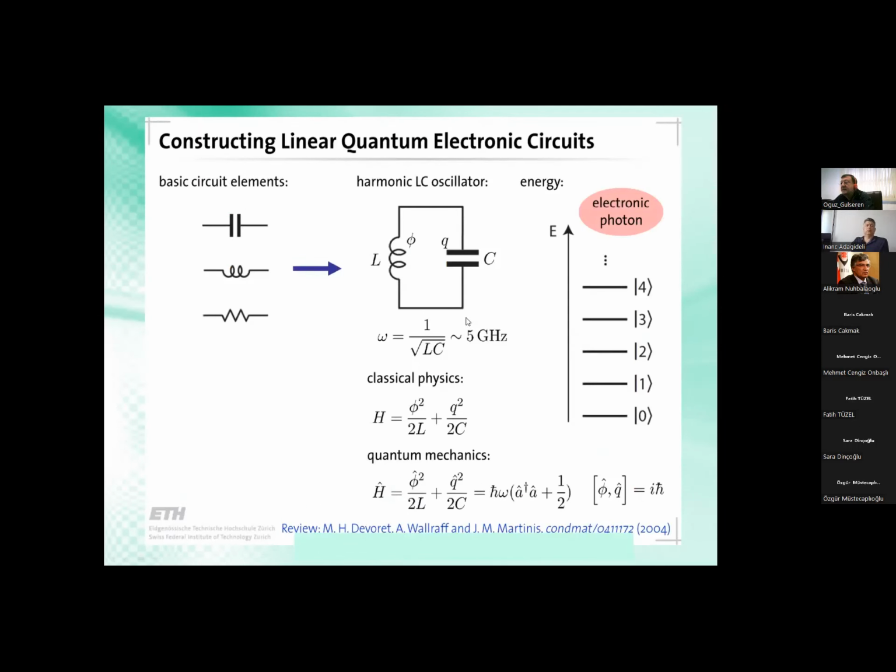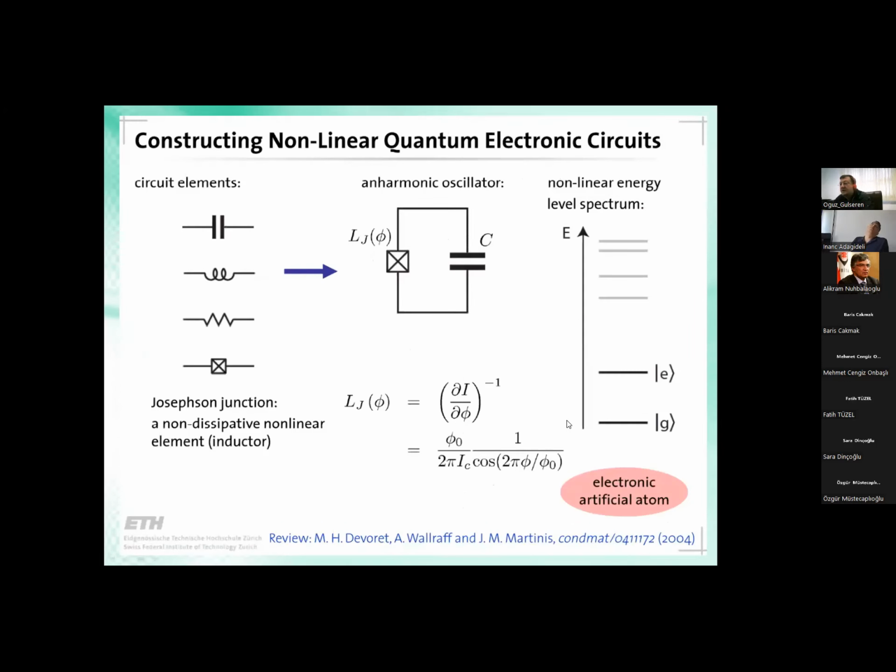So if you start from the LC, this is exactly the harmonic oscillator. But instead of the inductor, now let's introduce the Josephson junction here. With the Josephson junction, we end up with an anharmonic oscillator.